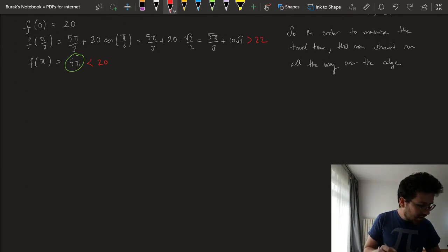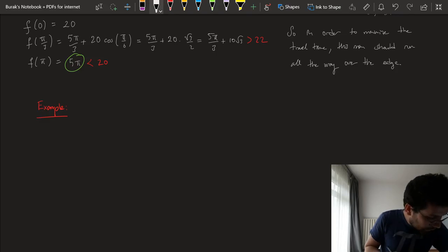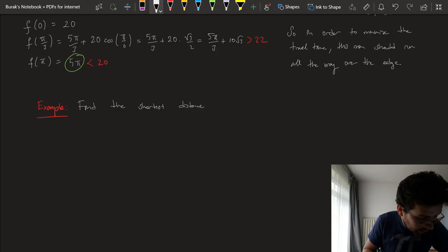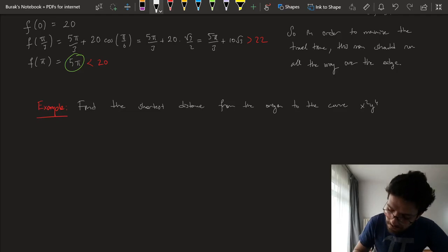One last question. This is again one of the exercises in your book. Find the shortest distance from the origin to the curve x squared y to the power 4 equals 1.